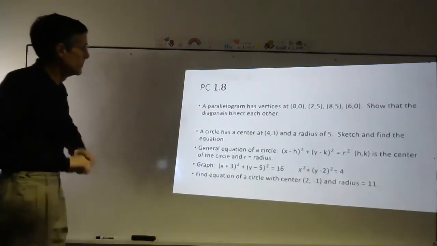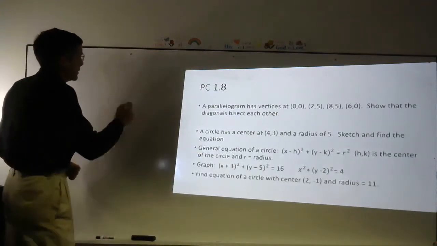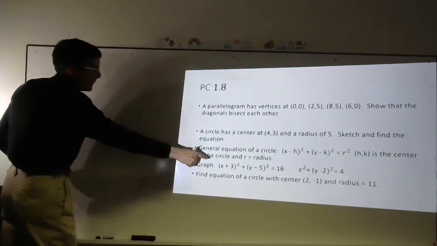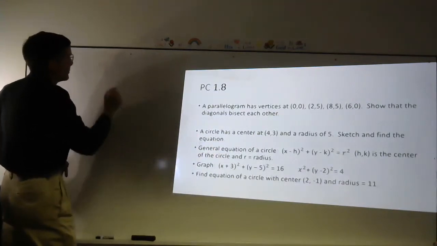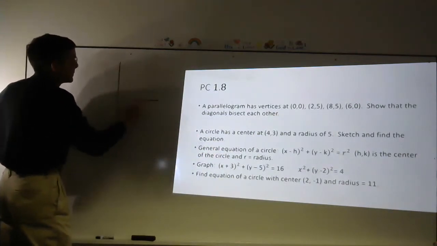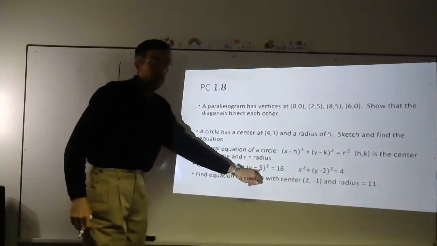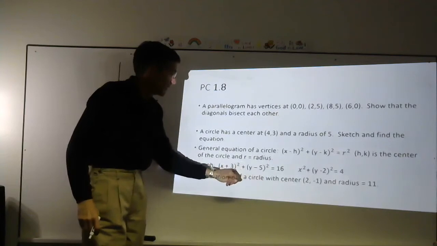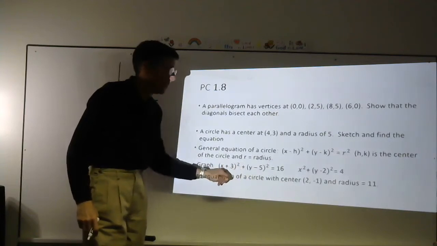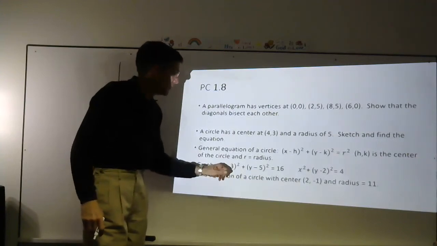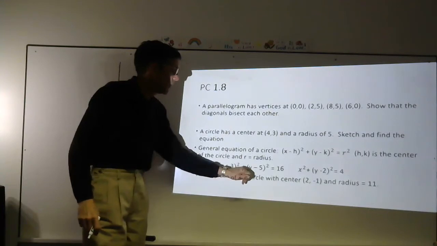Okay, so how about an easy one to get started? We want to graph that equation. It's in perfect form. I know the center. I know for the y value, the center is 5. But the x value has a plus sign. Let's change that plus sign to minus a negative. Two negatives make a plus, right? So x minus a negative 3, y minus 5.